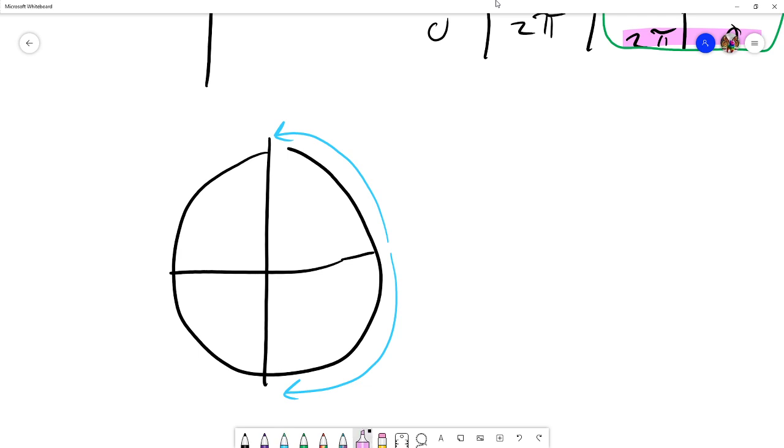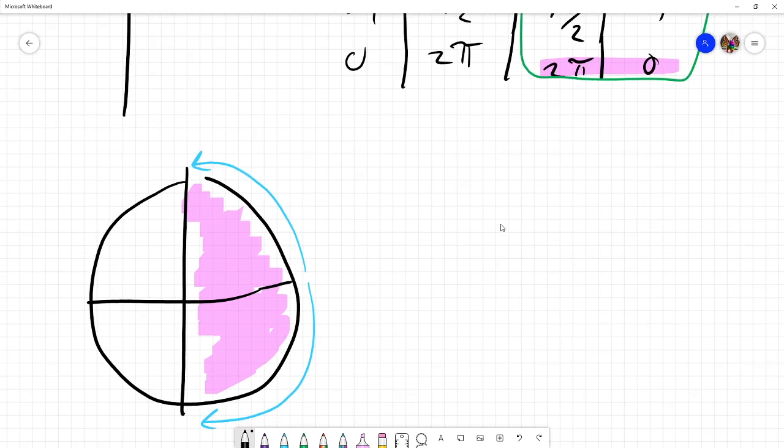And so all of the possible angles that arcsine can give out as output are going to be on the right side of the unit circle.